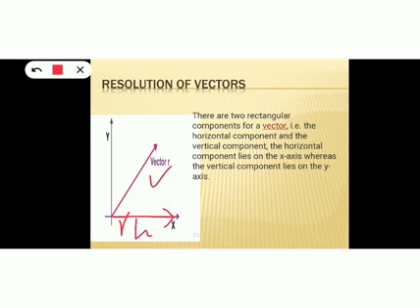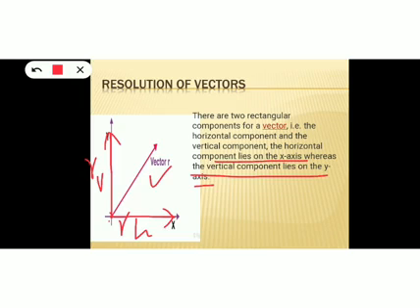Let it be RH, the horizontal component. And the vertical component of the vector R lies along the y-axis. We can denote that vertical component as RV, because it is the vertical component of the vector R. RH represents the horizontal component along the x-axis.